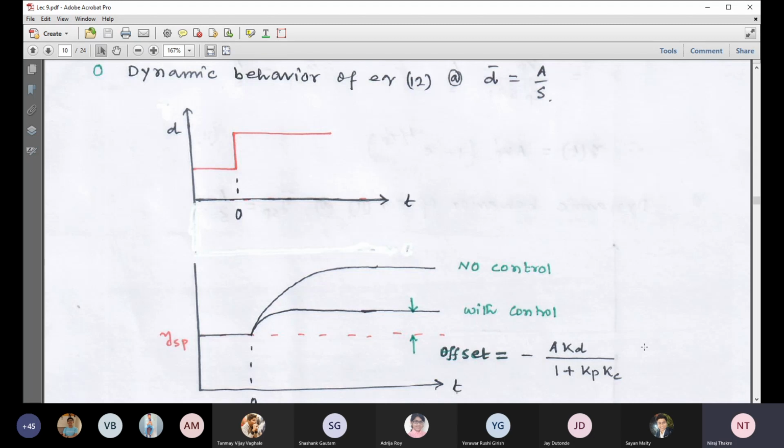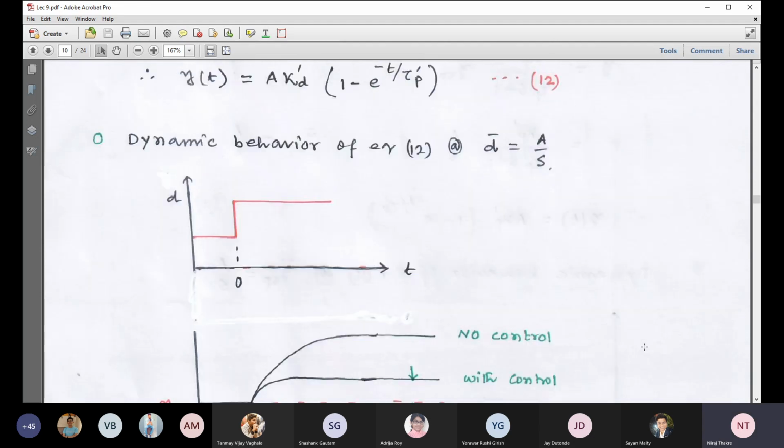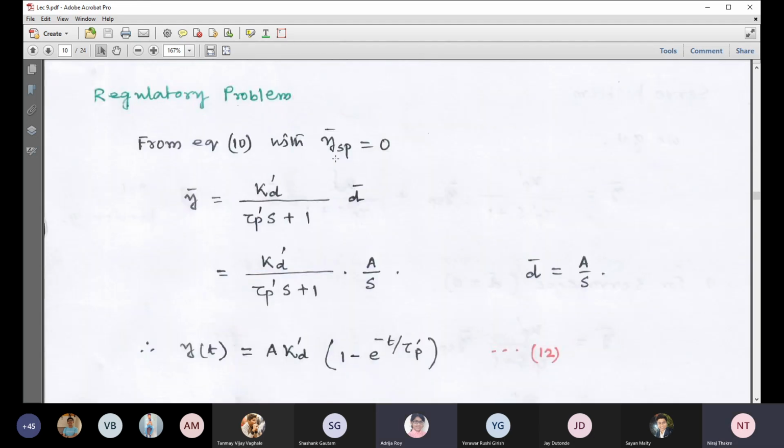He is suggesting that we can get this offset if our new set point is considered as 0. My question is, can we consider it? So what you have considered at the beginning, y set point? Yes, sir, here, because we have considered the regulatory problem.